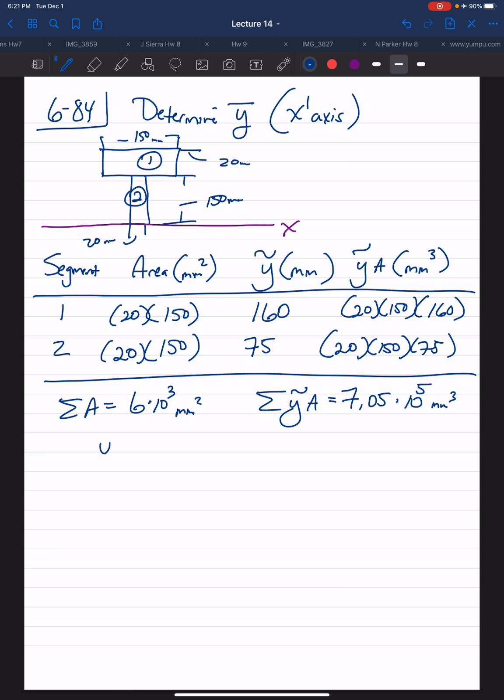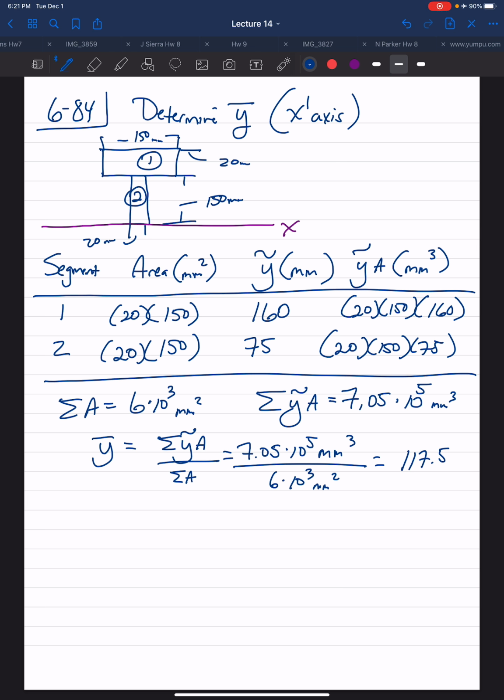So then our y bar would be 117.5 millimeters.